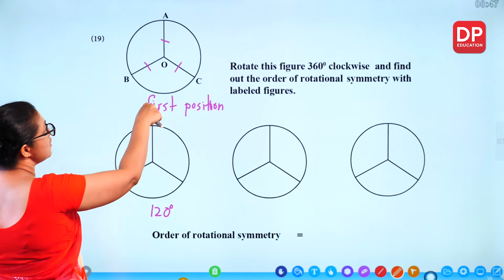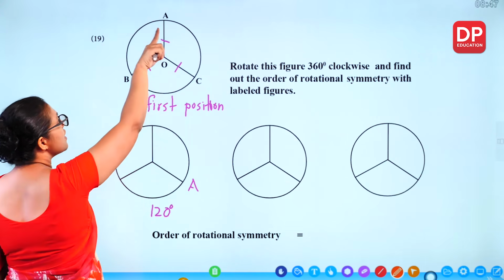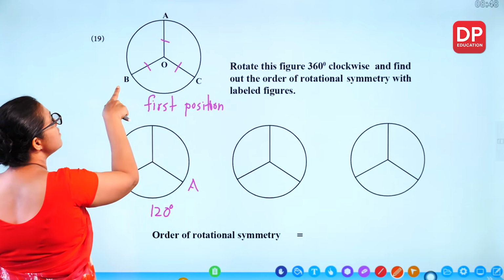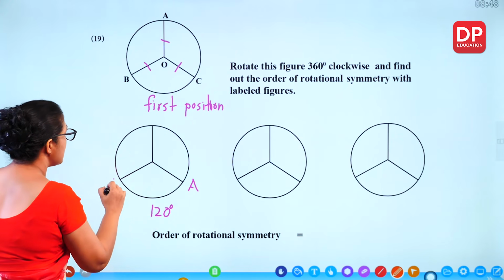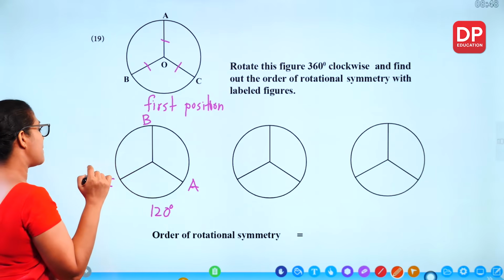What happens to this A position? A comes here. If you are rotating clockwise, ACB is the order. So that's the position of ABC.